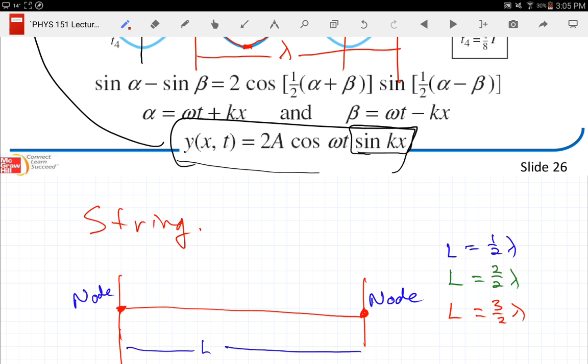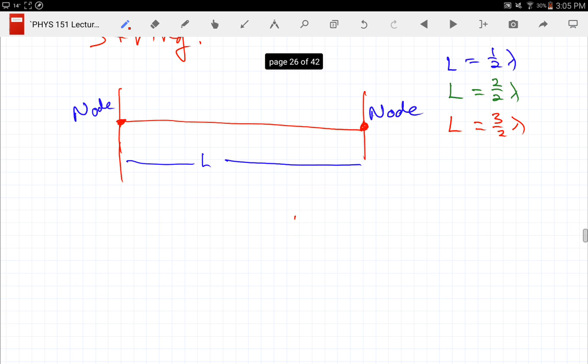Well, we can see right away there's a simple relationship. The length of my string must be equal to n over 2 wavelengths long. I'm going to take this and solve it for wavelength.